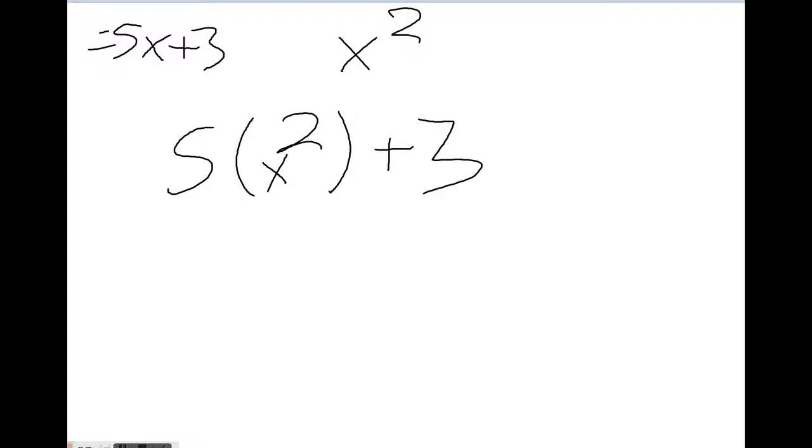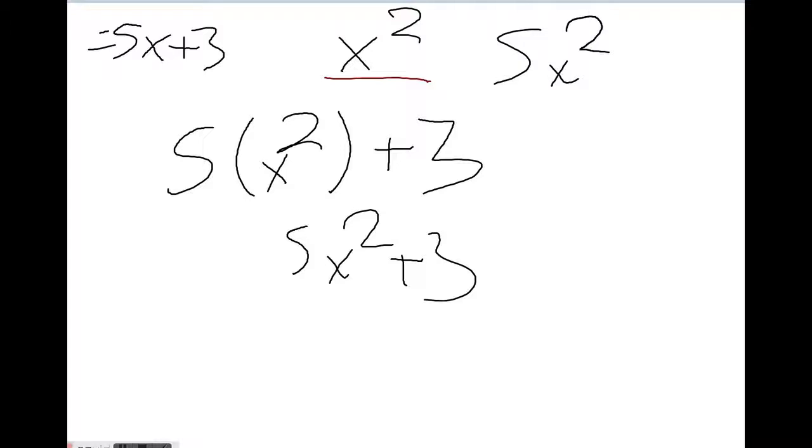And in this case, we can't do anything because it's just going to be 5x squared plus 3. So if your domain is x squared, your range will be 5x squared plus 3. Alright, so that takes care of that. Next question.